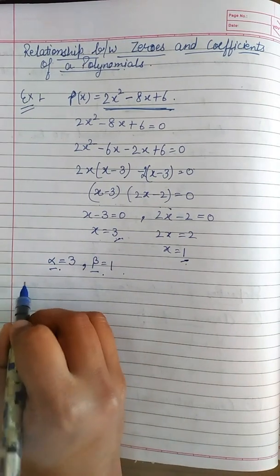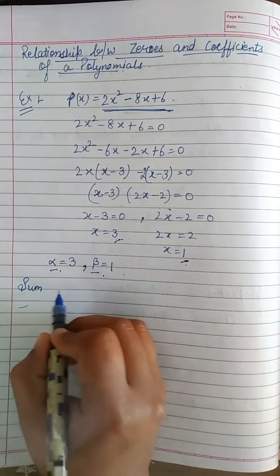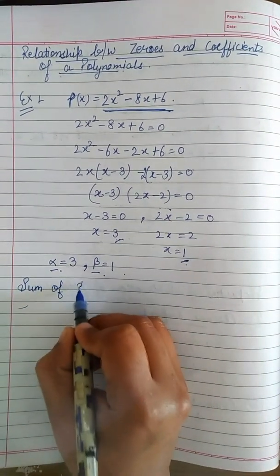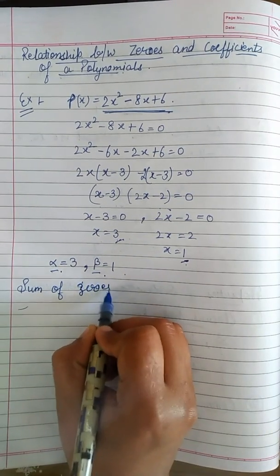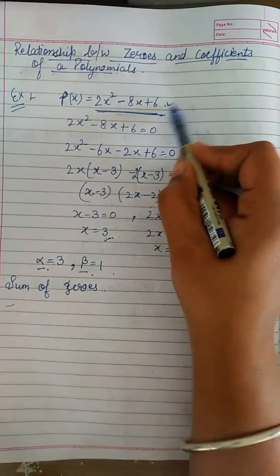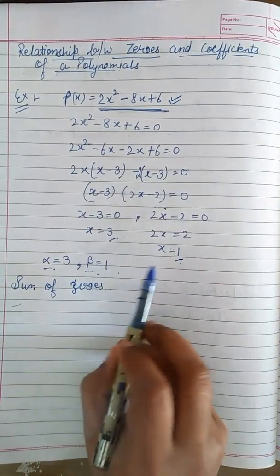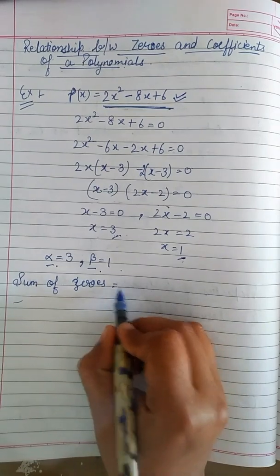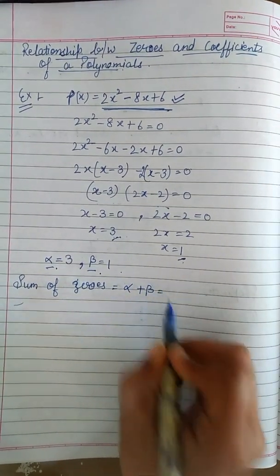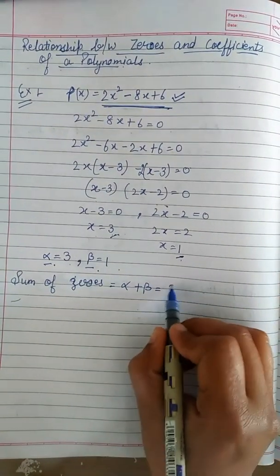ठीक है. So now first of all we find the sum of the zeros, कि जो हमारे पास इस पॉलिनोमियल की दो ज़ीरोज़ आई हैं उन दोनों का हम क्या फाइंड आउट कर लेंगे, sum. That is equal to alpha plus beta. What is the value of alpha? 3.